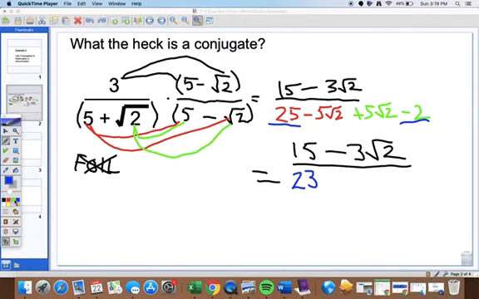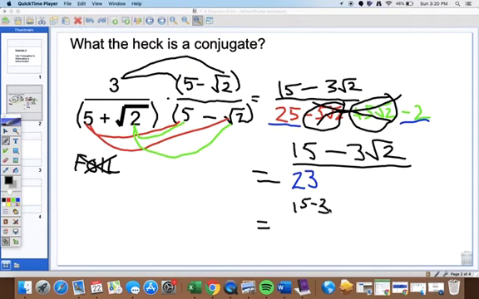I'll circle these. Look at this term and this term. Hopefully you recognize that they're exactly the same, except they're the opposite of each other. So effectively, the reason the conjugate works is that it cancels them out. Your finished answer is now 15 minus 3 times the square root of 2, all over 23.